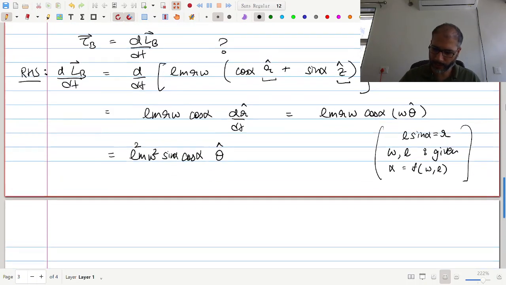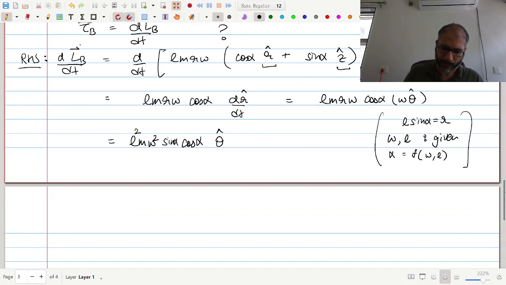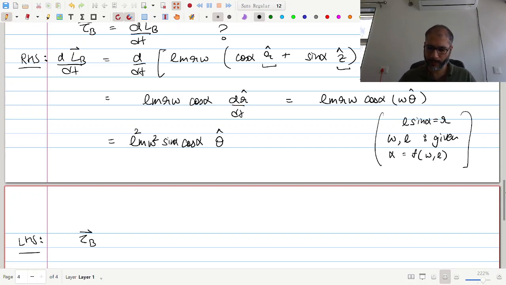Let's check the LHS, that is tau_B, this term. So tau_B is the vector L cross the force, which was minus T sine alpha r hat.